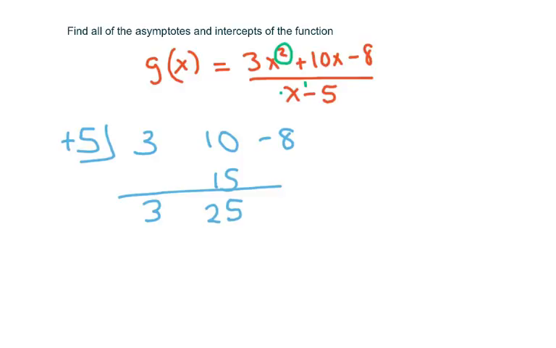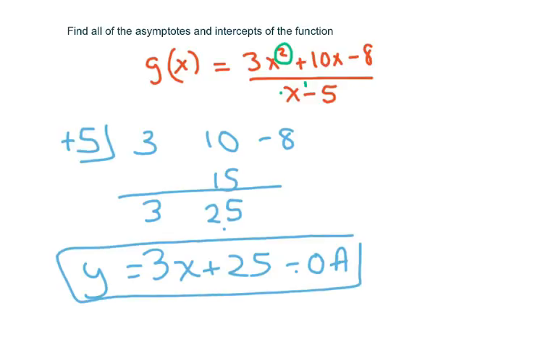So let me see if this is right. We have 5. You multiply 15, 10. Did I write it down? All right, so this one's going to be an oblique asymptote. This is 3x plus 25 equals y, your oblique asymptote.